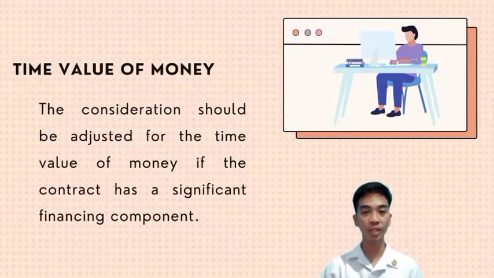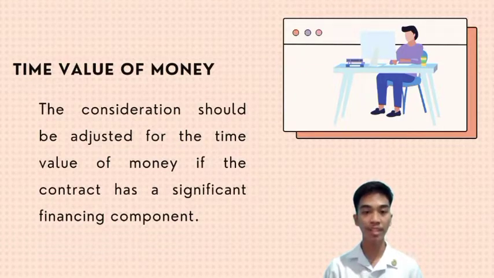The next factor that may affect the transaction price is the time value of money. Here, the consideration should be adjusted for the time value of money if the contract has a significant financing component. Revenue is measured based on the cash selling price. As a result, the entity must recognize revenue at the amount that would have been paid in cash by the customer at the period the goods or services were transferred to them.